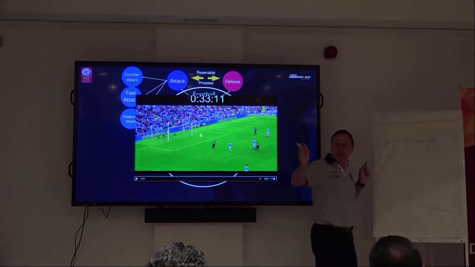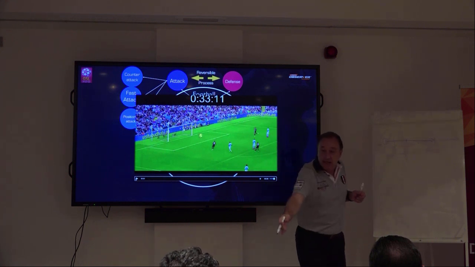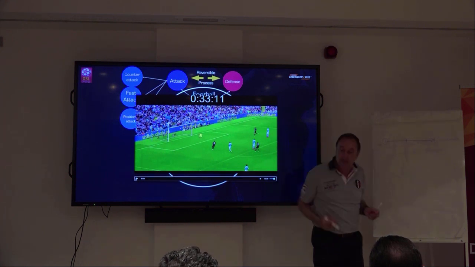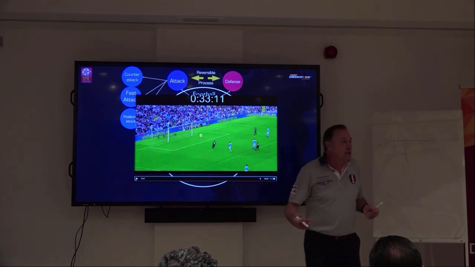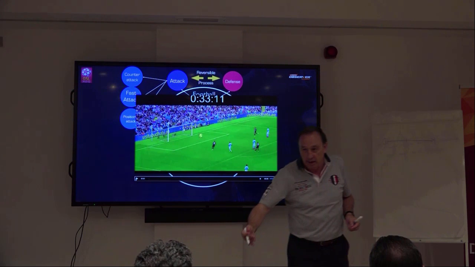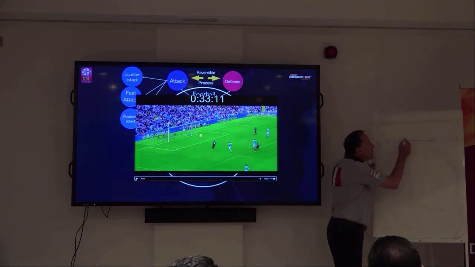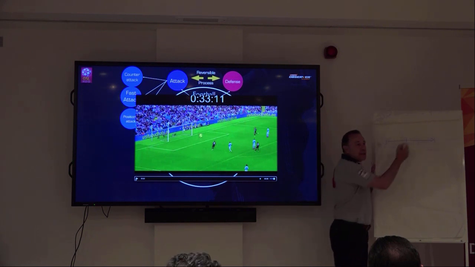I'm trying to pass to that guy, and this one cuts the pass, but the ball comes to me again. We normally say the second ball, and we regain the ball very quickly. So should we count the attack from this point or this point? That is the question.